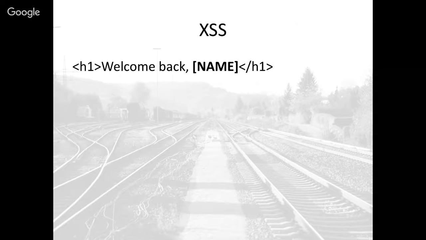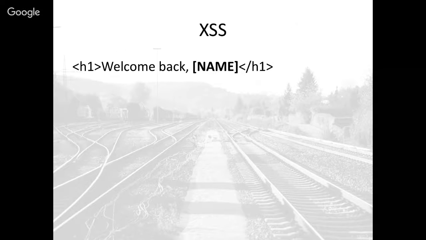Our next type of attack is actually quite closely related. These are both different types of injection attacks, really. It's cross-site scripting. So again, this is an example of where we've got a piece of an HTML page, and we're allowing the attacker, because they can pass some parameter that then comes back in the page, or for whatever reason, to have control of this. They can type their name into a box and it comes out here.